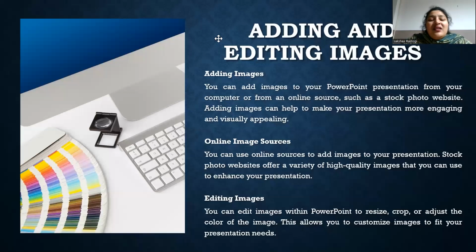So these are some of the editing processes which we use. Editing images: PowerPoint offers various image editing tools to enhance and refine your image. Here I have some editing options. First is crop: you can trim unnecessary parts of your image.